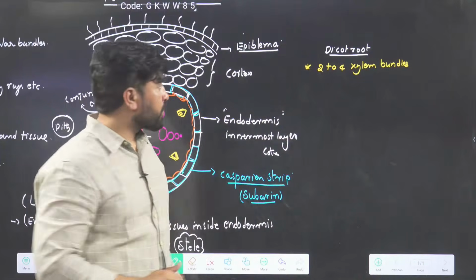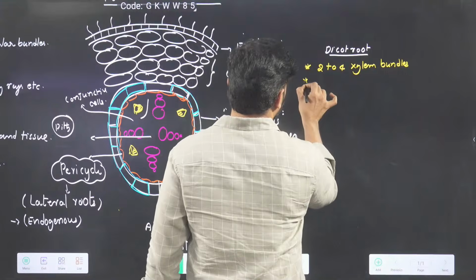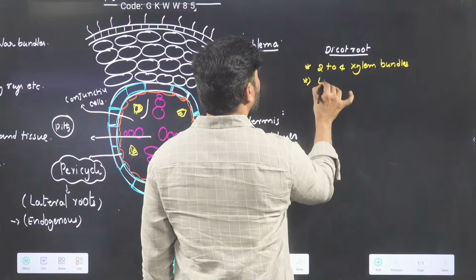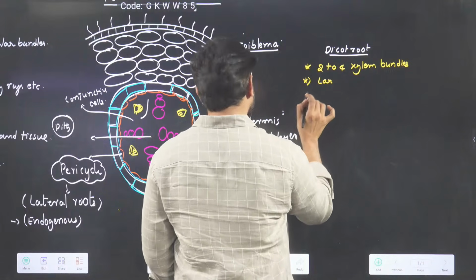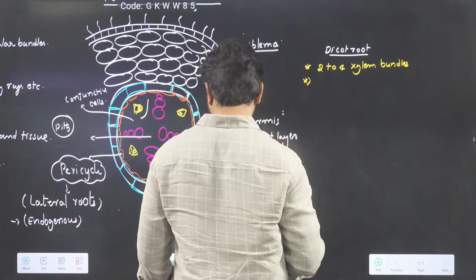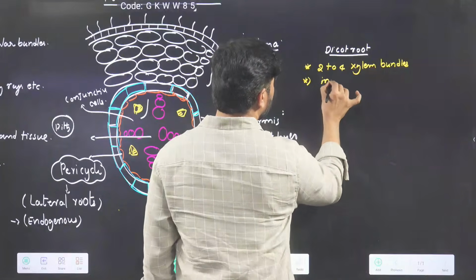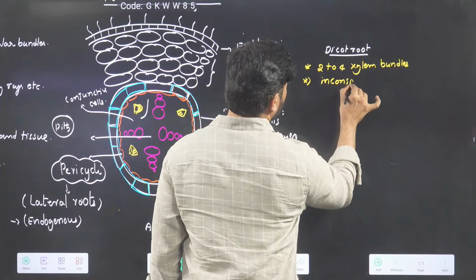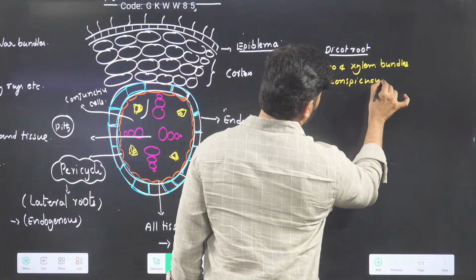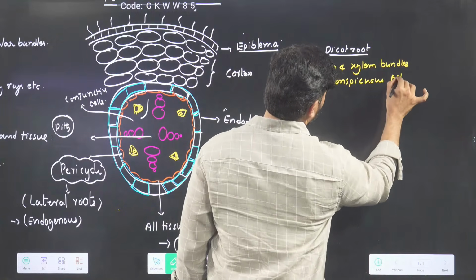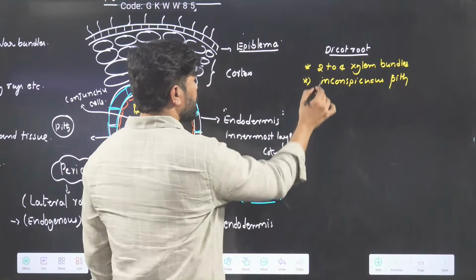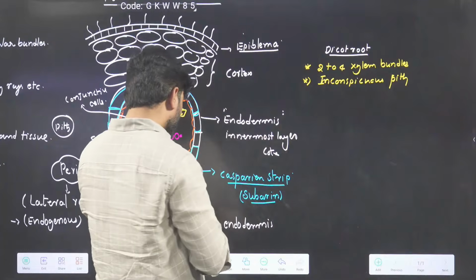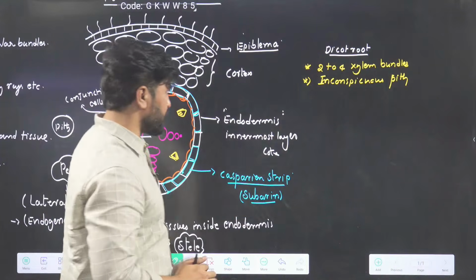Next one, they have inconspicuous pith. Pith is very small and inconspicuous.